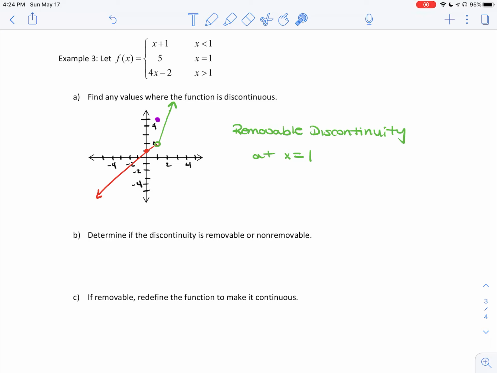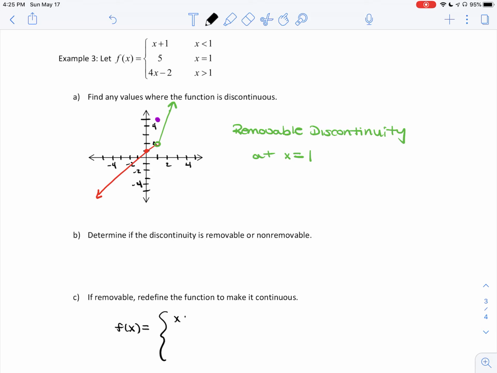So if we think about our function here, we have this hole at the point 1, 2, and then we have this extra point up here at 5. But if we were just to take that point and stick it down here, then it would fill that in and we would get a continuous function. So all I'm going to do is I'm going to redefine this function to fill in that hole.